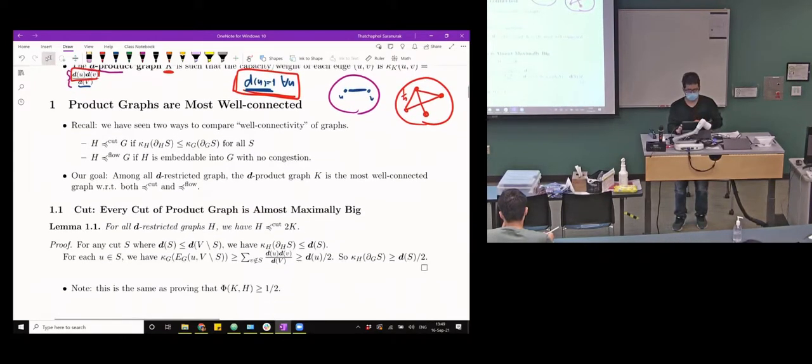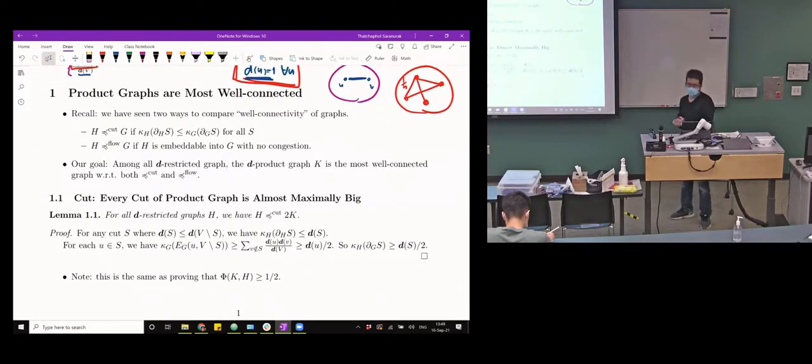Okay. So I just want to make it more formal that the product graphs are really well connected in the same sense that a complete graph is well connected. Just recall these two ways to order graphs: one is cut order, and another one is flow order.